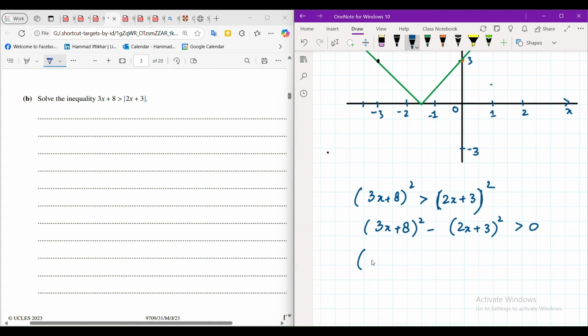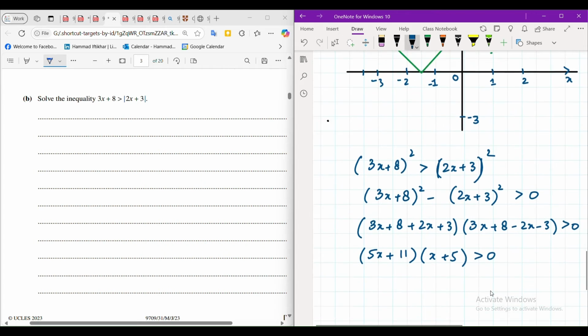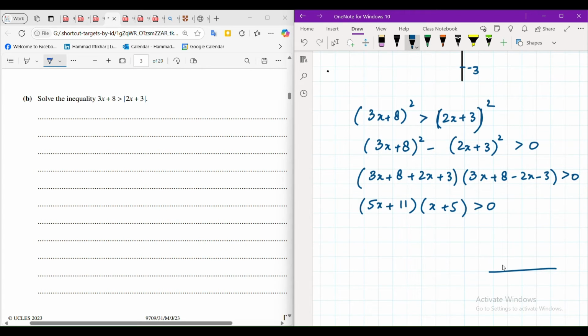Difference of squares, so (3x plus 8 plus 2x plus 3) and (3x plus 8 minus 2x minus 3) greater than 0. So (5x plus 11) and (x plus 5) greater than 0. So this appears to be a quadratic inequality. Coefficient of x squared positive.